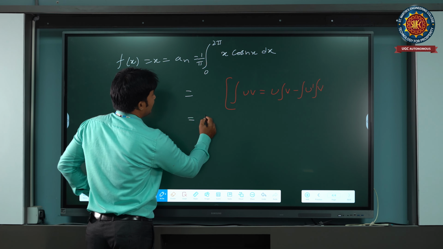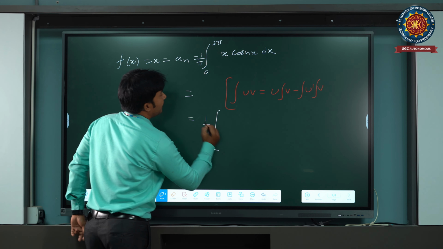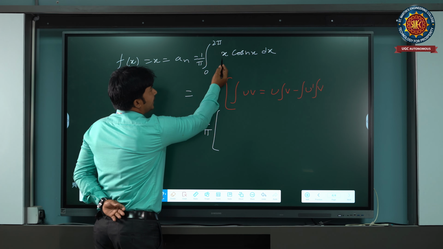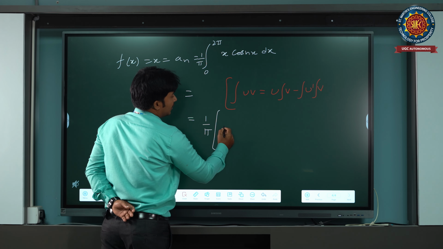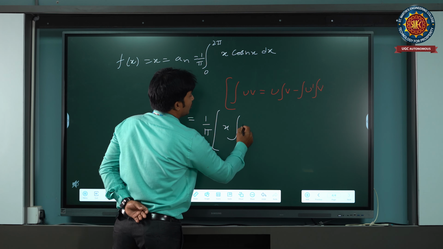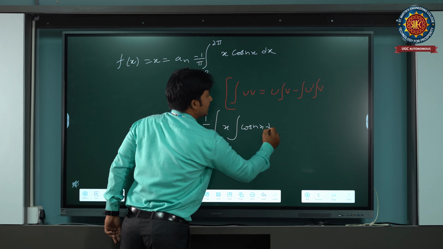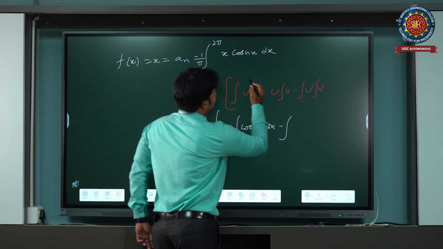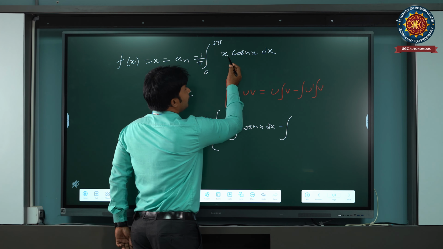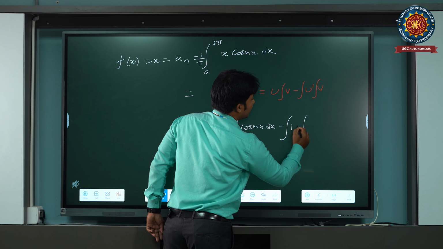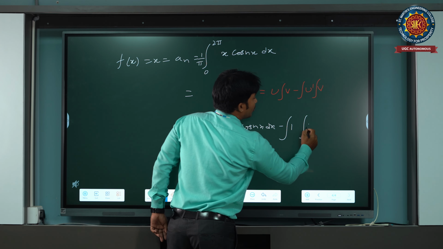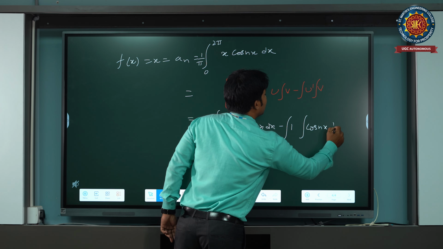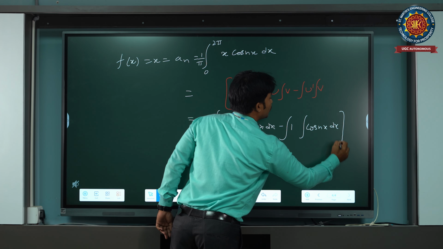Here 1 by pi, where u is x and v is cos nx. This is x integral cos nx dx minus integral of u dash, the derivative of x, which is 1, times integral cos nx dx, limits 0 to 2 pi.